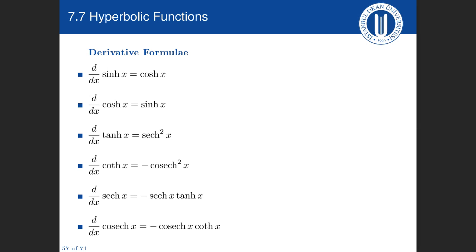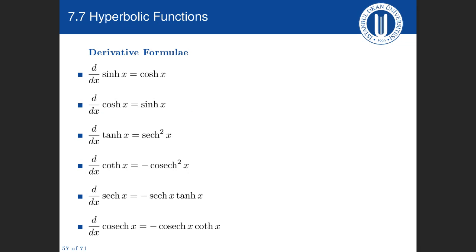So let me just tell you the 6 formulae. We've proved 2 of these. The other 4 I'll leave for you to do if you wanted to. The derivative of sinh is cosh, and the derivative of cosh is sinh. So there's a difference from trigonometric functions, because you know for trigonometric functions the derivative of cos is minus sin, but here we have plus sinh.